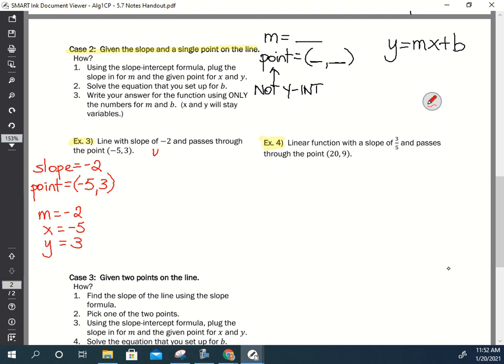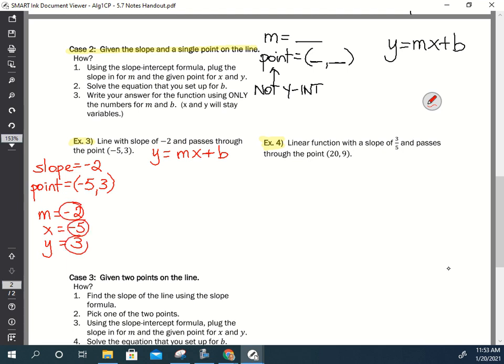So think about the formula, y equals mx plus b. Which letter doesn't have a number for it? B. So b is missing, and you need to find it. This is how we find it.